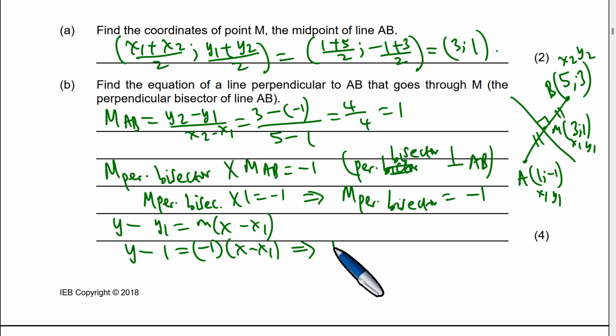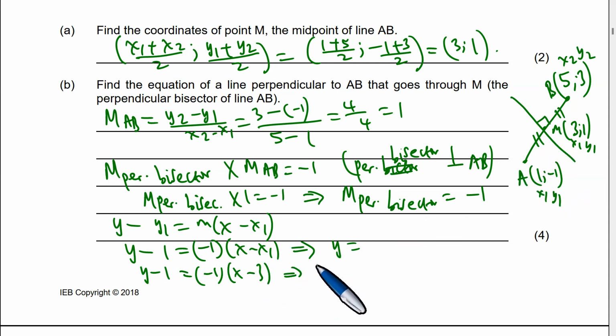If you simplify this, multiplying, we get y minus 1 equals minus 1 times x minus 3, which means y is minus x plus 3 plus 1, so y is minus x plus 4.